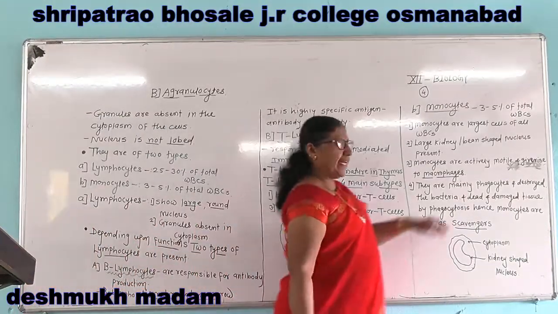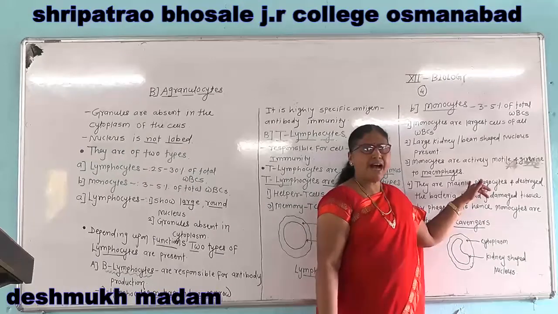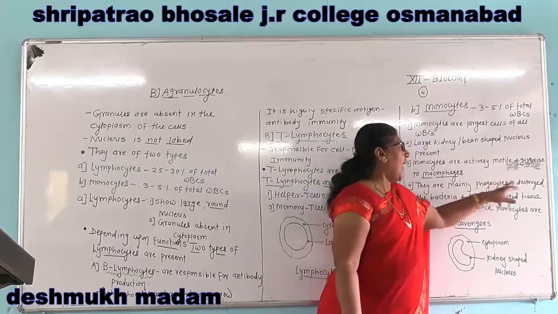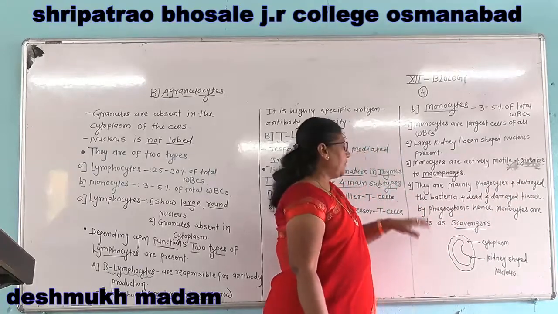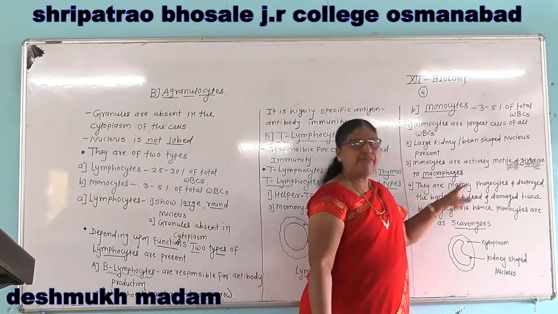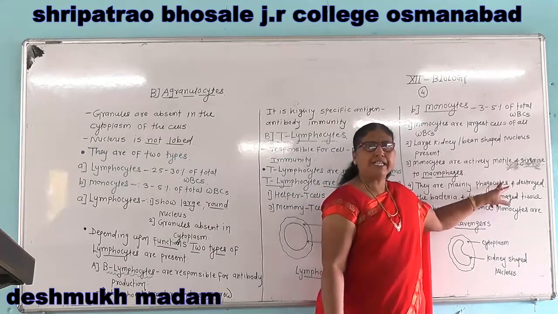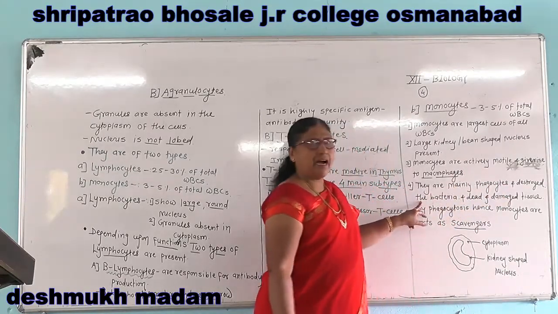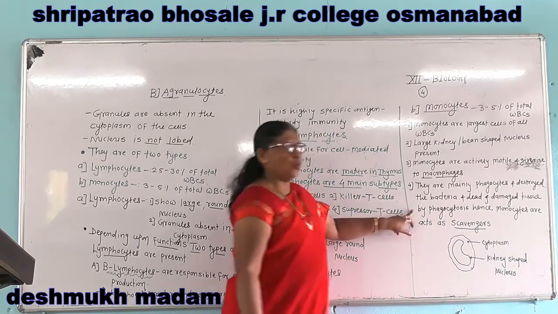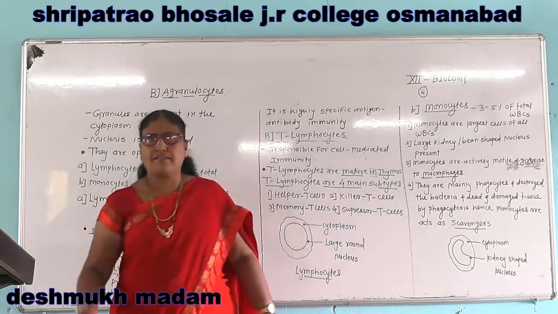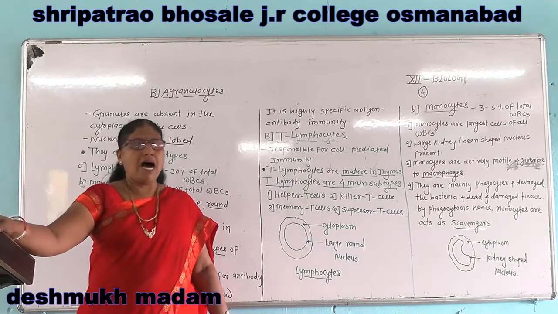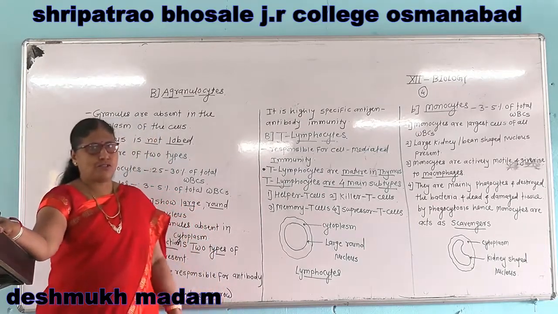Monocyte cells are mainly phagocytes and destroy bacteria and dead and damaged tissue by phagocytosis.